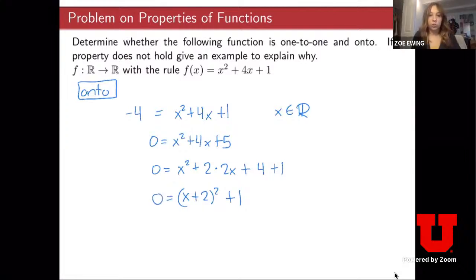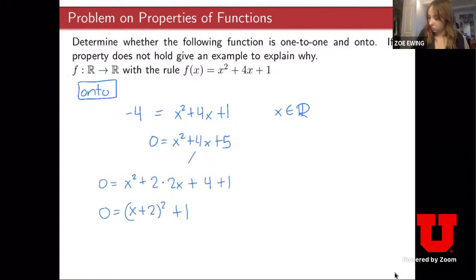And we can also use the quadratic formula here to find that x could not be a real number. So starting from the same point, I'll just do method 1 and method 2.